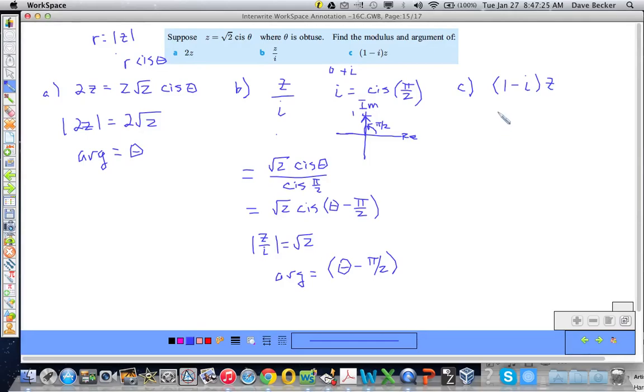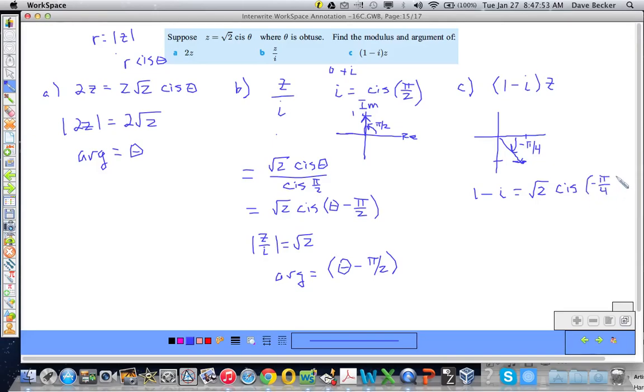Let's think about this. Where is 1 minus i? So that's right here. So this is going to be negative pi over 4, clearly. So we know that 1 minus i in polar form is equal to root 2 cis negative pi over 4.